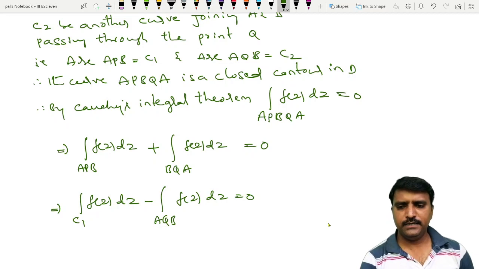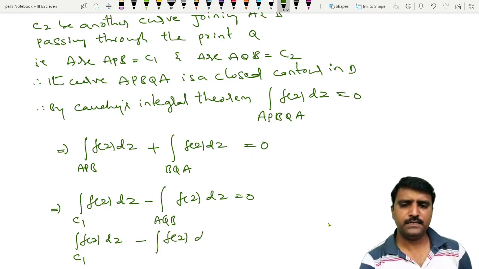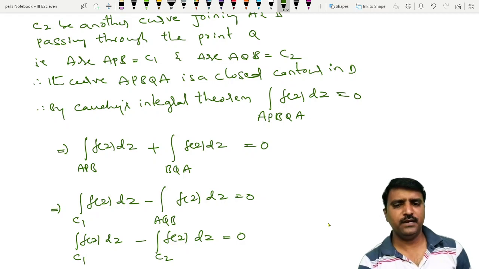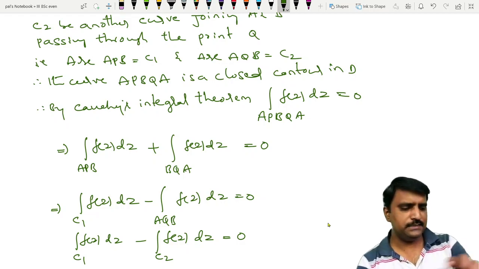Okay, so integration of f of z dz over C1 minus integration of f of z dz over C2 is equal to 0, because arc AQB can be written as C2.